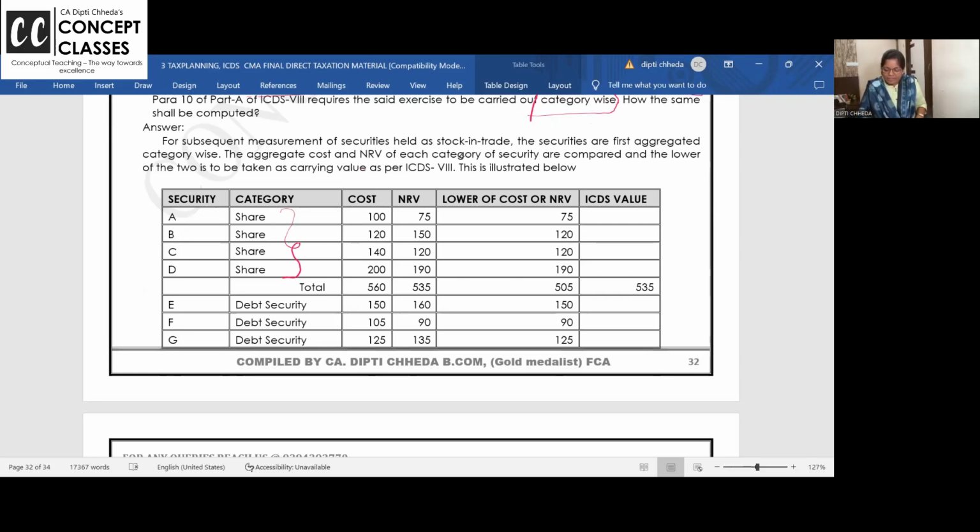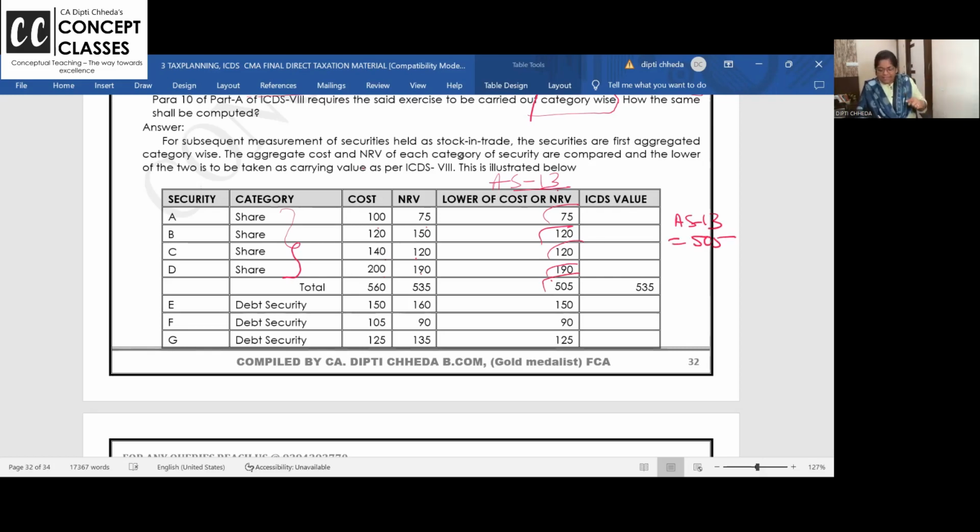This is what you do in your AS 13. Shares cost is 100, NRV 75, so 75. Whichever is lower. So this you will take as your value. I want all of you to write as per AS 13. What is the value?